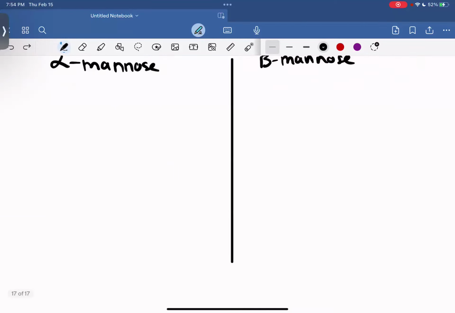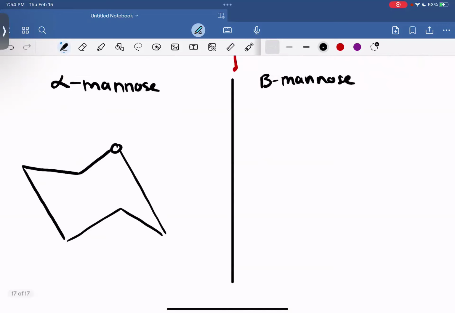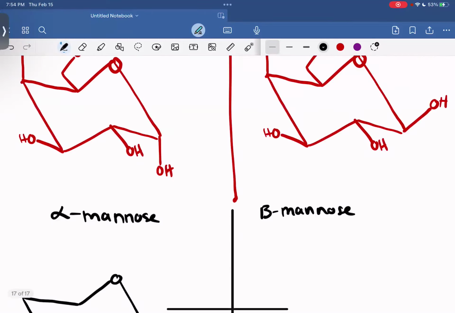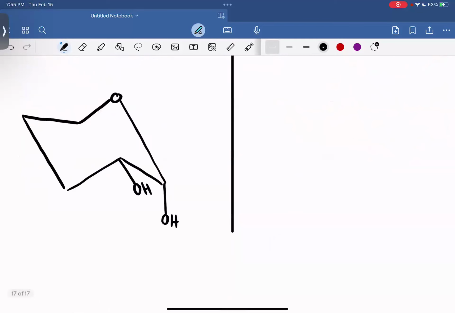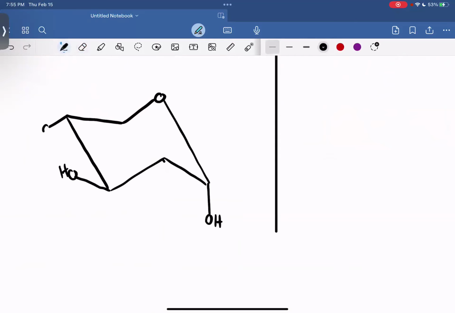So alpha mannose. Alpha, meaning that the anomeric carbon's going down. Oops, sorry, I get a little ahead of myself here. I end up drawing glucose again.